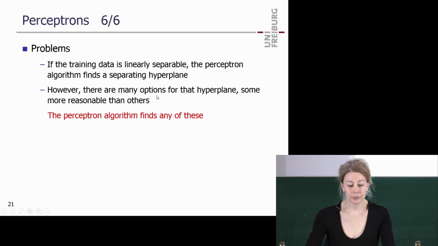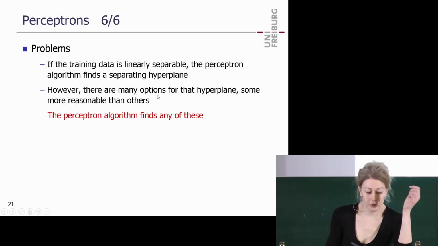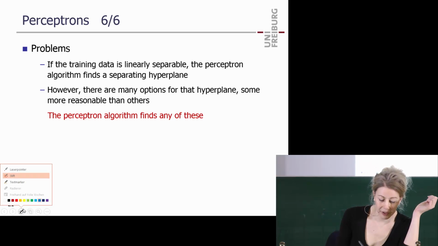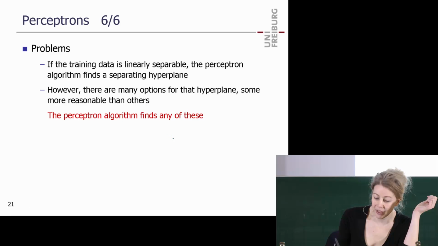Now, the problem with the perceptron is, let me just draw an example here. So assume my data looks like this. Plus, and here I have minus. Now here are some possible hyperplanes, right?